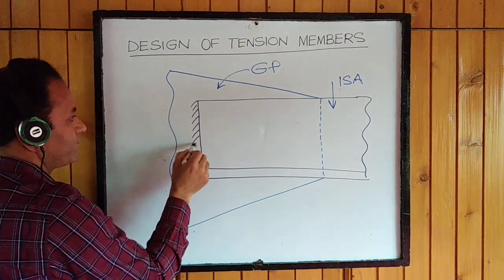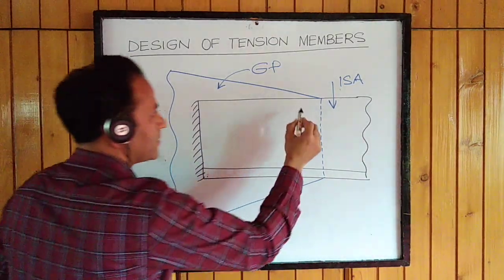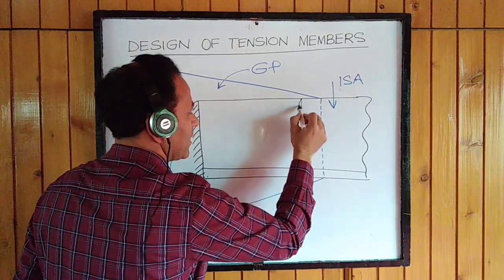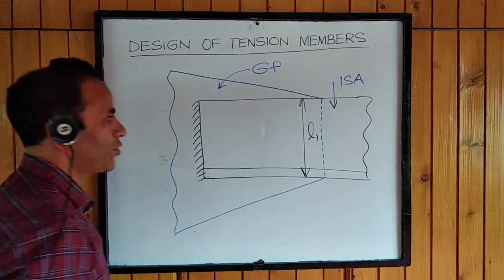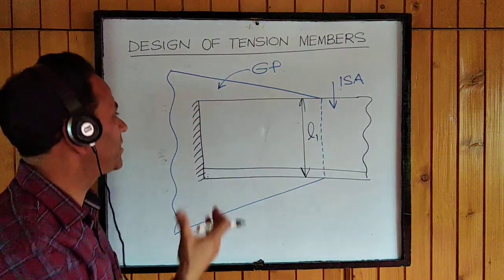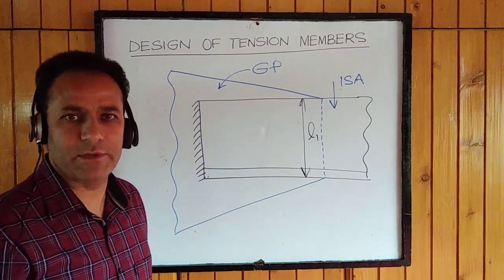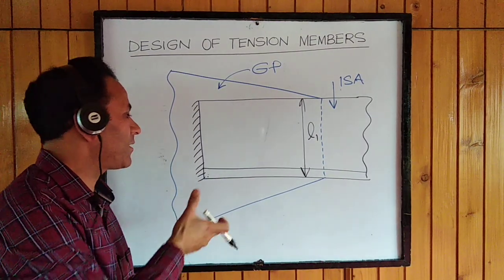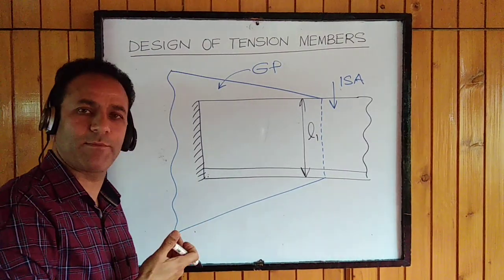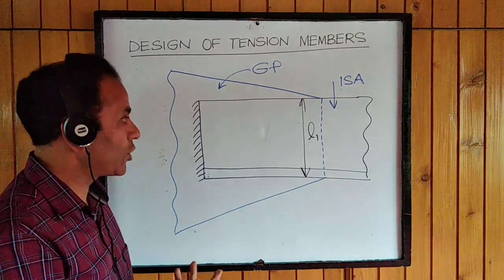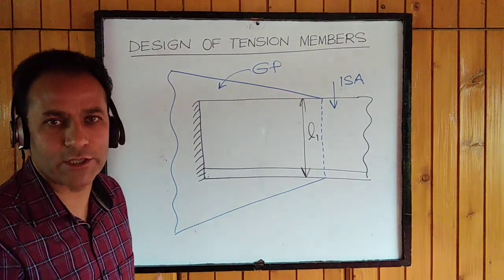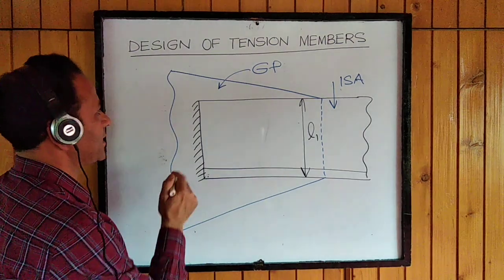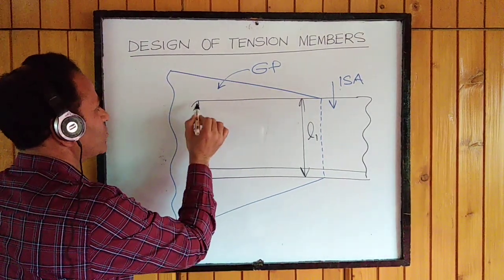We know this length. This is L1, the length of one of the legs. If the angle is connected by its longer leg, then L1 will be the longer leg. If the angle is connected to the gusset plate by its shorter leg, then L1 will be the length of the shorter leg of that particular ISA. So this length is known to us.